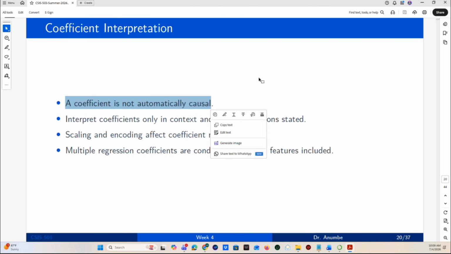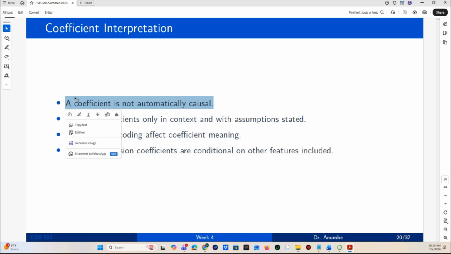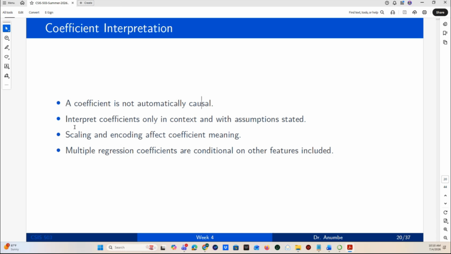Just because the coefficient has a particular value doesn't mean that value is tightly aligned to the value of the variable. So the point is that you interpret coefficients only in context and with assumptions stated. Scaling and encoding affect coefficient meaning, and these are some of the things we need to talk about when we do the practice, but just hold that thought.